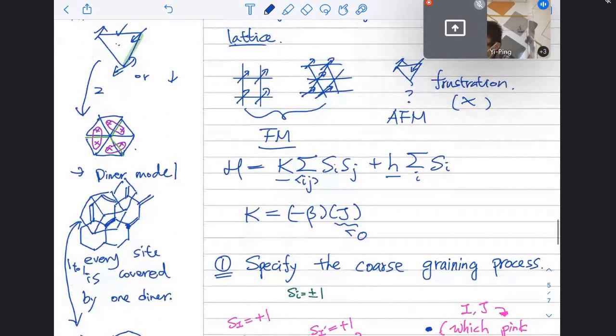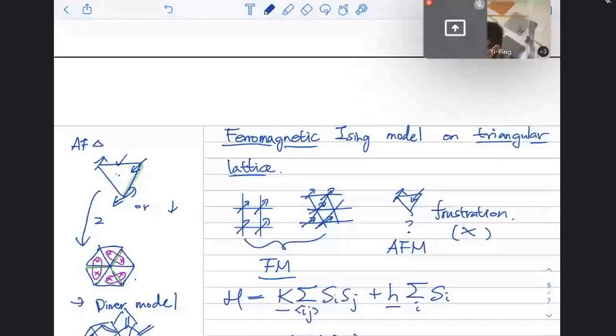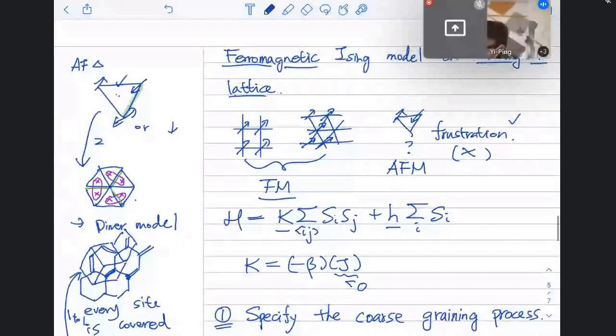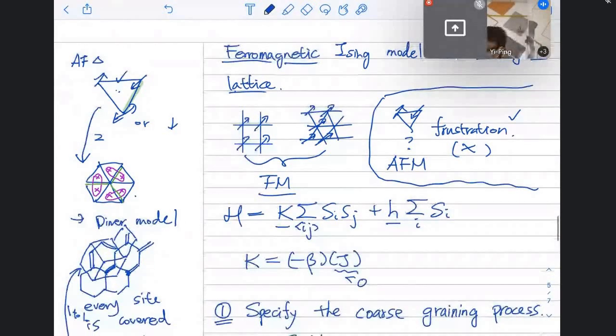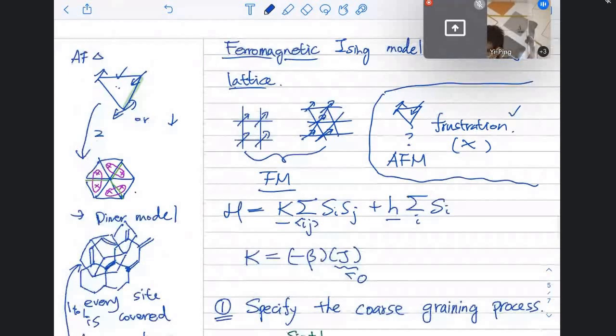For example, the frustrated effect, but we basically try to reserve that for more advanced courses. If you are interested, you can try to explore something related to that. Okay, so back to our line. Basically, we are trying to study the ferromagnetic Ising model on the triangular lattice.